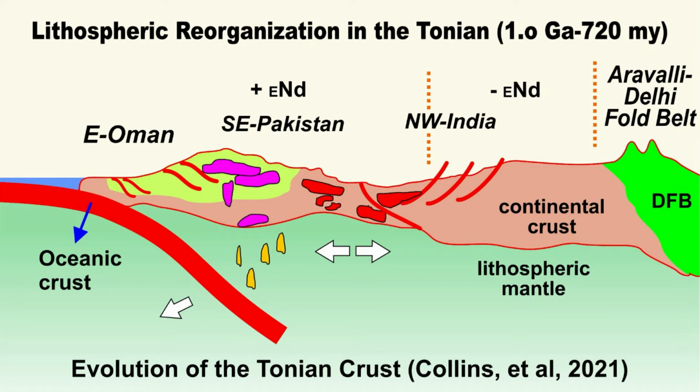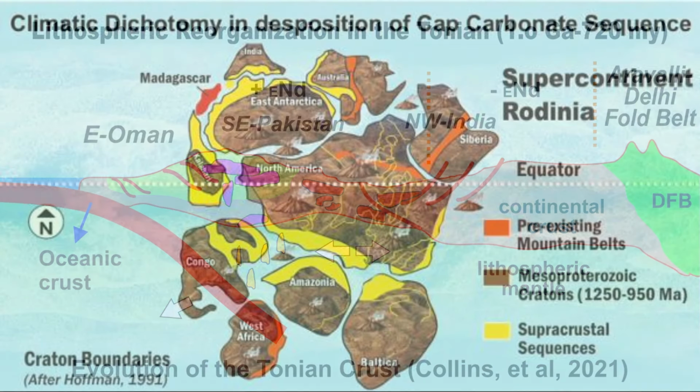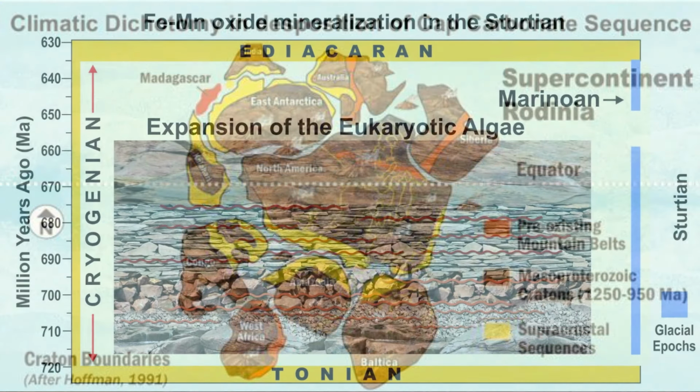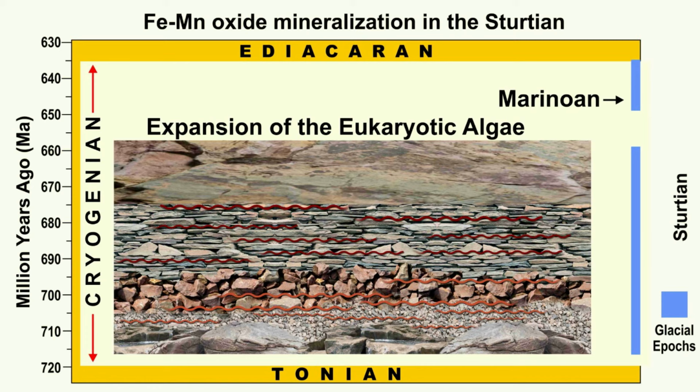For such oxidizing reactions to proceed continuously in the ocean system and to precipitate extensive blanket deposits of Fe, Mn and Si, representing a geological time period of a few million years, required tectonic stability, of course.